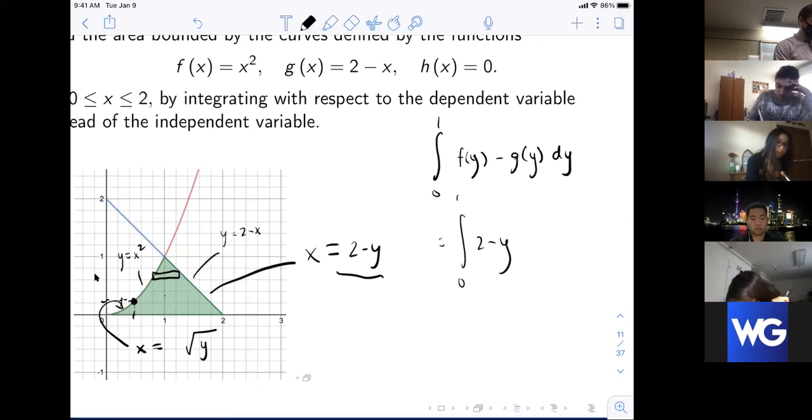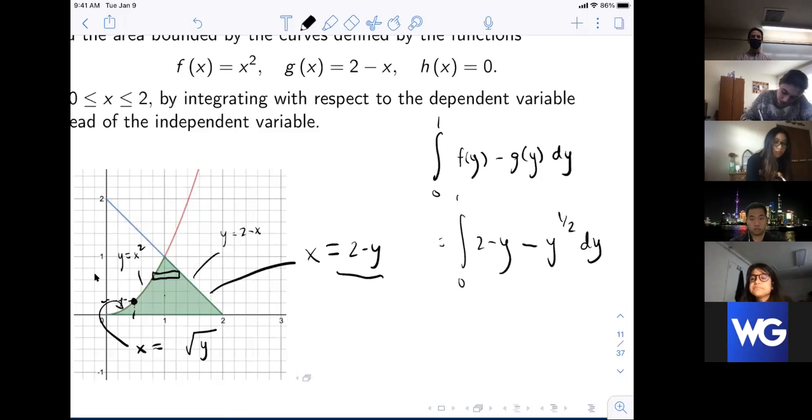Square root of y. Very good. So 2 minus y minus the square root of y. Well, we should all know by now that I almost never actually write square roots. I'm going to write this as y to the 1/2 dy. Okay. Questions on this so far?